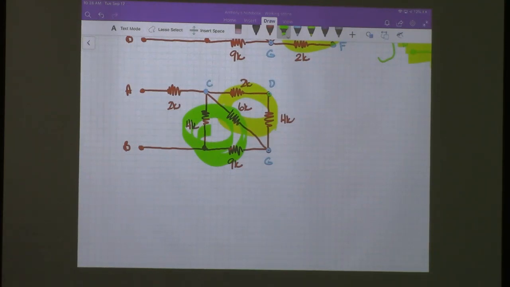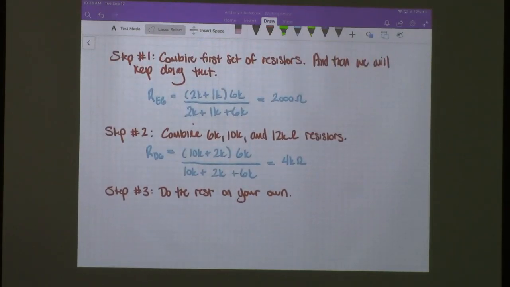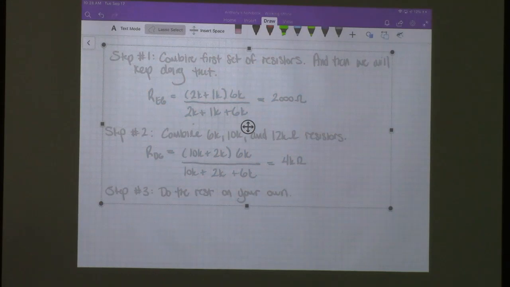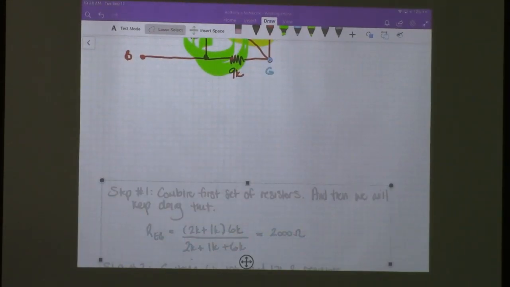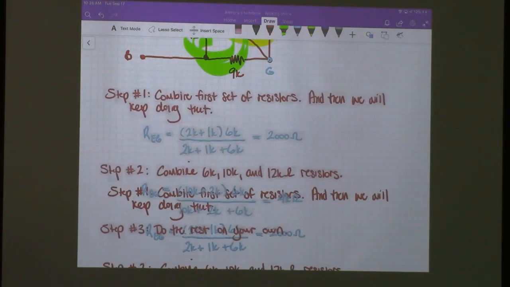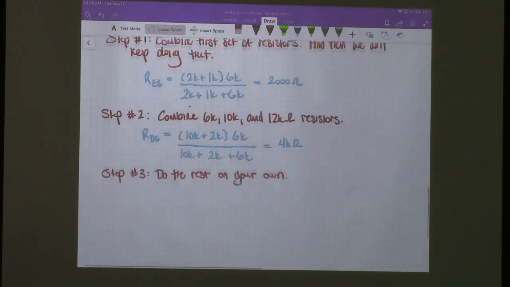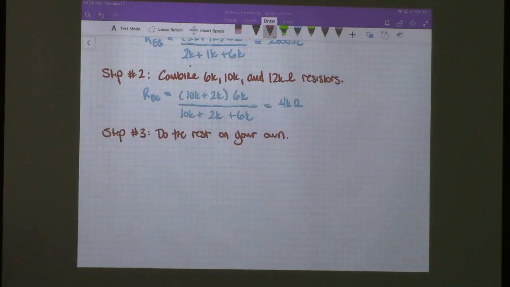Okay? So the answer that we get is RAB is equal to 5 kilo ohms.